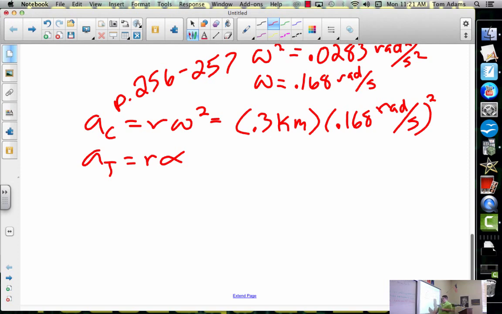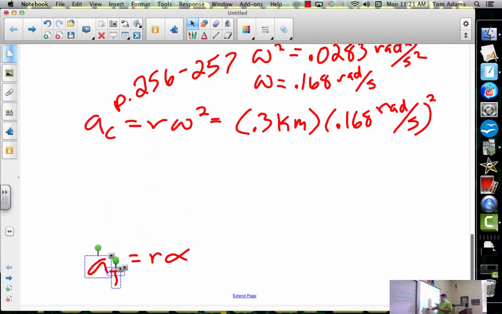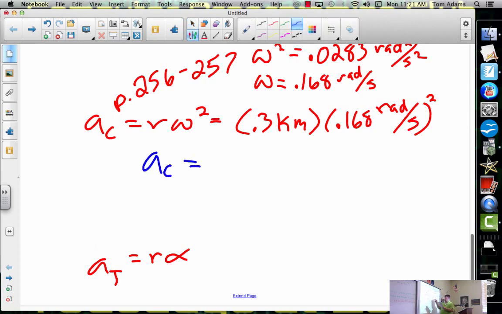So this whole thing right here, this centripetal acceleration, if you multiply all this on the calculator, is 8.5 meters per second squared.